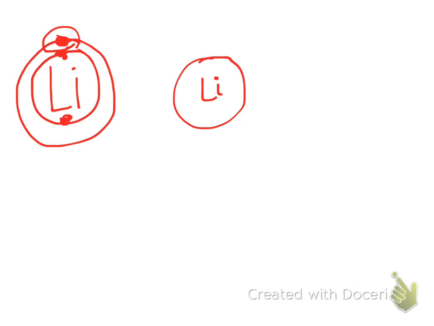So when lithium gives away that 1 electron, what happens to the charge of lithium? It goes from lithium neutral to lithium plus 1, right? Because it's short an electron. It gave away an electron, which means now it has more protons than electrons. Okay, that's where that plus 1 charge comes from, and that's the case for all of group 1.